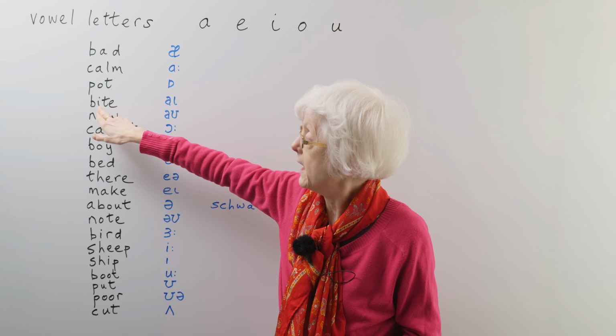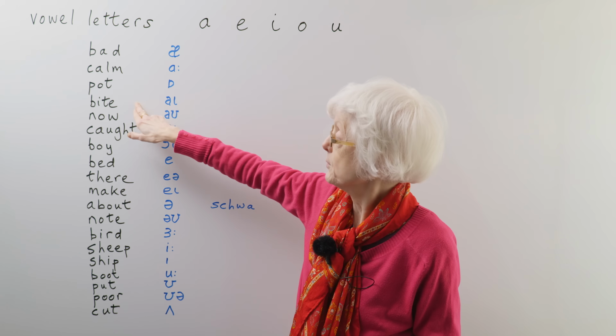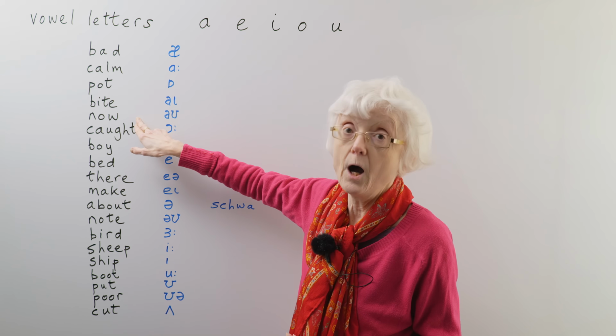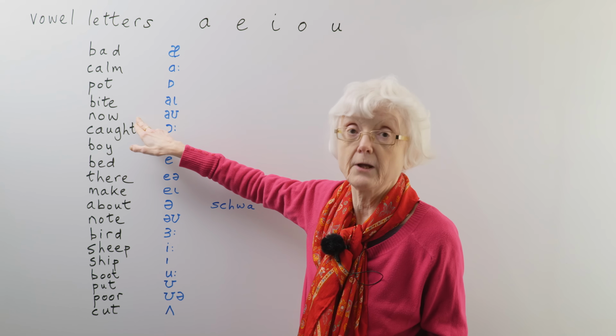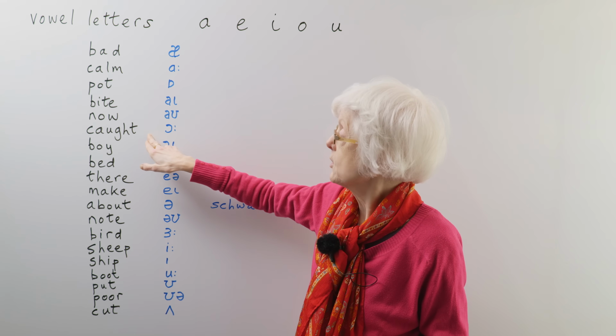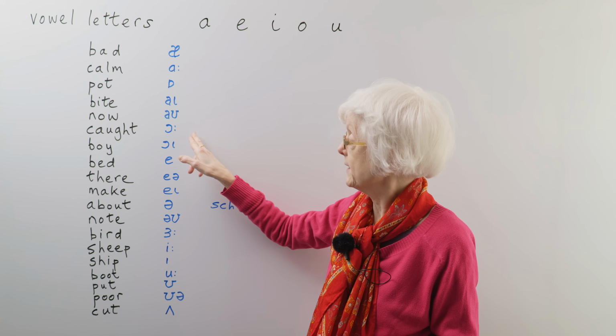Bite, so the i in bite, there's the symbol for that. That's a longer vowel sound. Ow in now, that's another long vowel sound. Court, so or, that's another long vowel sound.